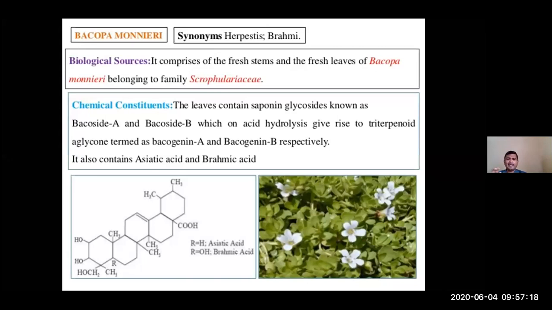It also contains acetic acid and brahmic acid.